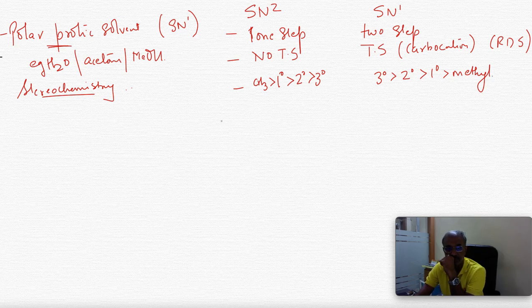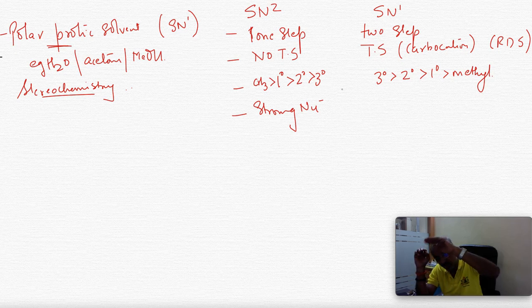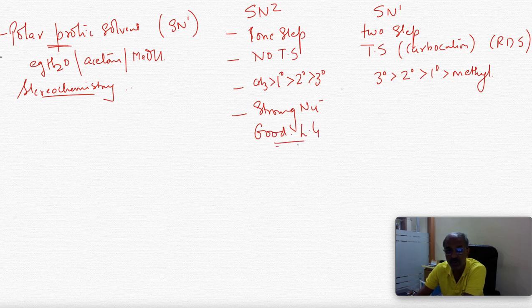Now, in SN2, a very strong nucleophile is preferred, because it has to kick off the leaving group. If it is a very strong nucleophile, then it can easily remove the leaving group. And not only a strong nucleophile, but also a good leaving group. The leaving group also has to be good.